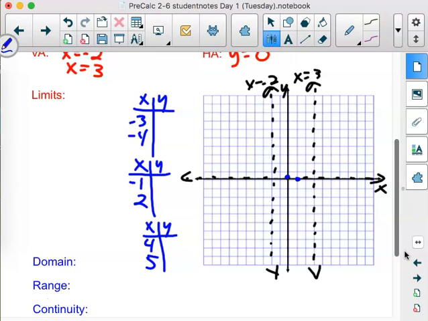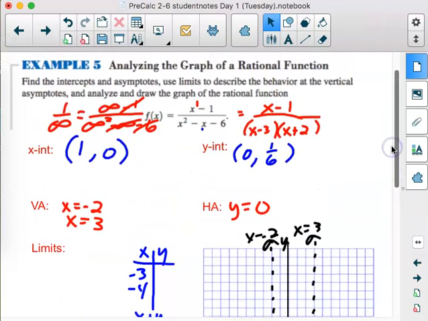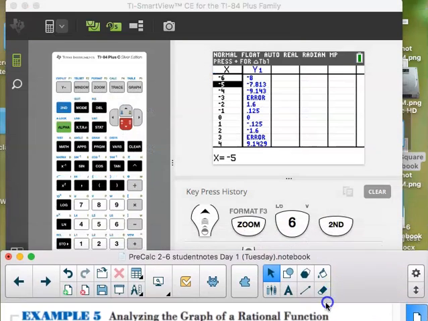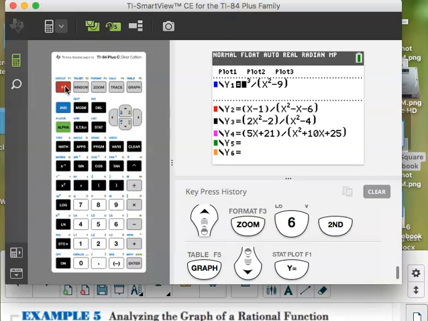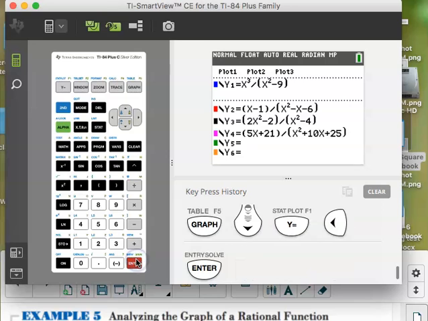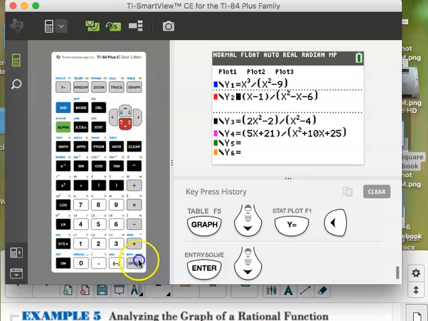So we've got to get this one in the graphing calculator. And again, we have more than one term in the numerator and the denominator, so we're going to need parentheses. Go ahead and get that one punched in, and I'll punch it into my handheld so that I have a table accessible to me as well.